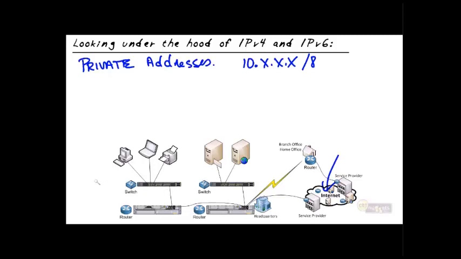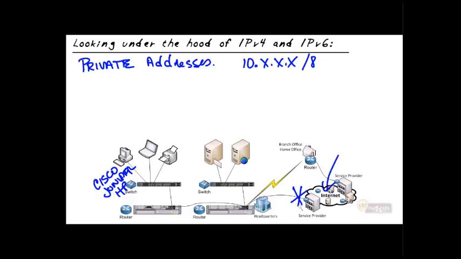So companies like Cisco, companies like Juniper, companies like HP and so forth, they could all use the 10 anything networks as much as they want on their private networks. They don't have to worry about overlapping with anybody because the internet doesn't let the 10 networks flow through the internet. So it's all stopped pretty much at the border of your service provider. It doesn't let it go out.